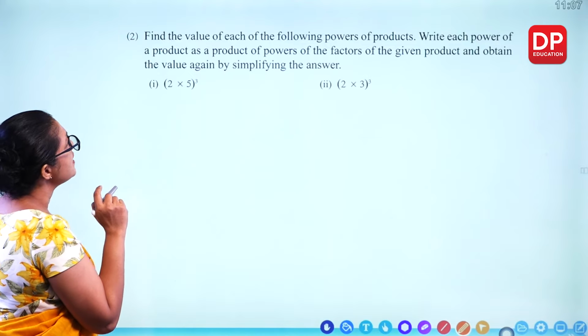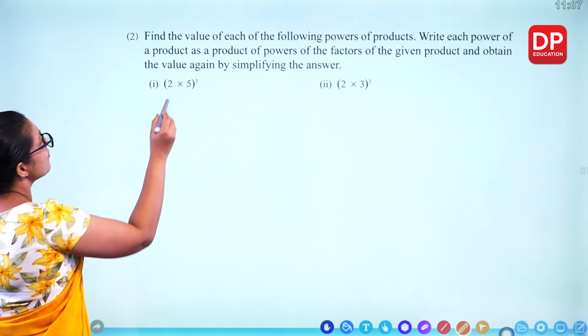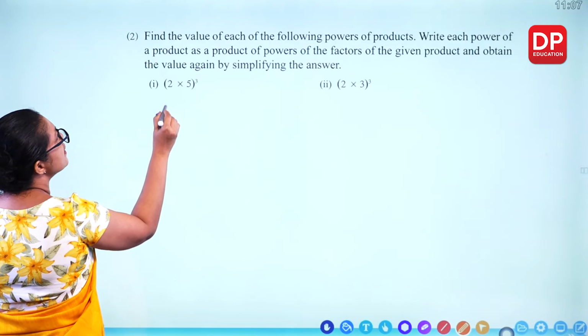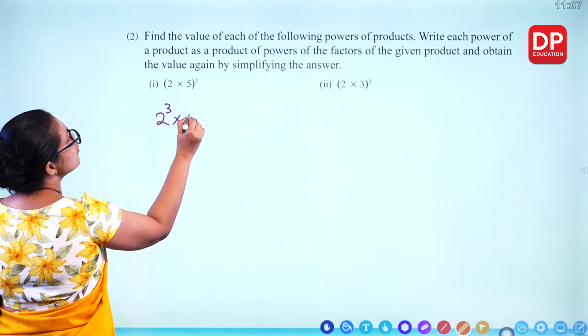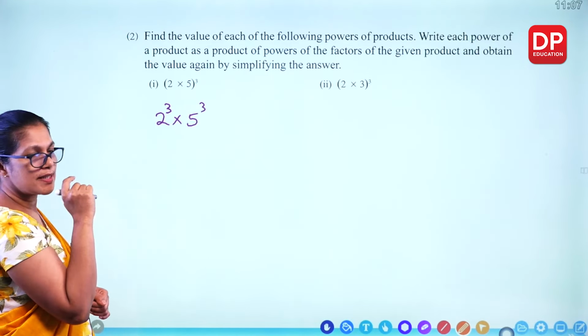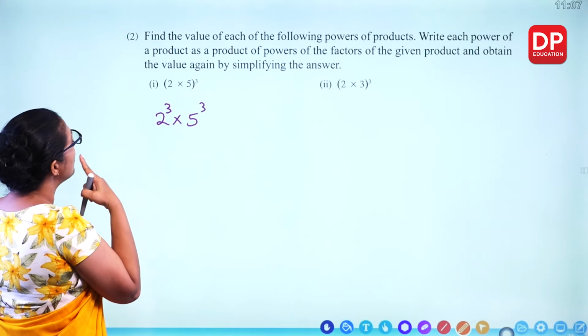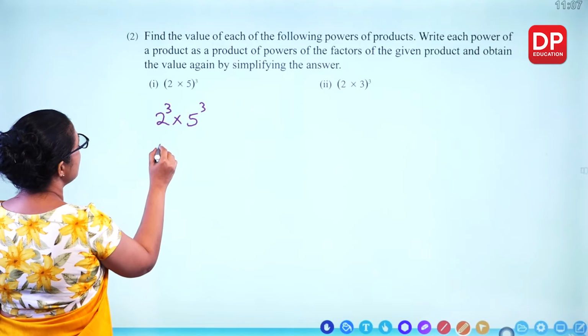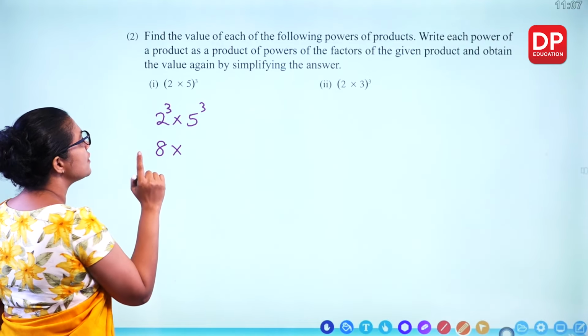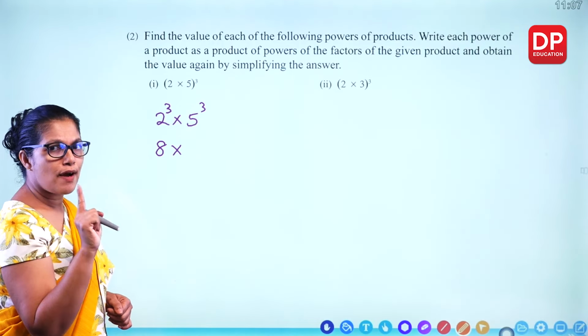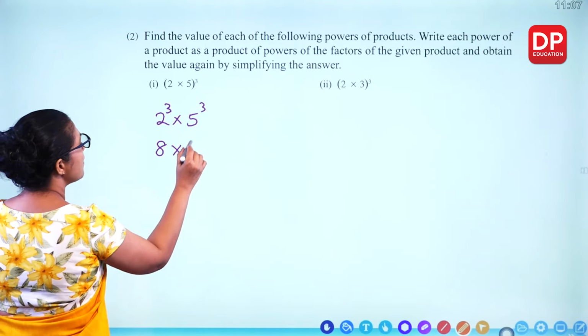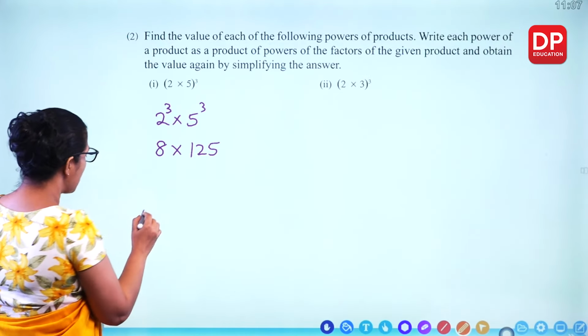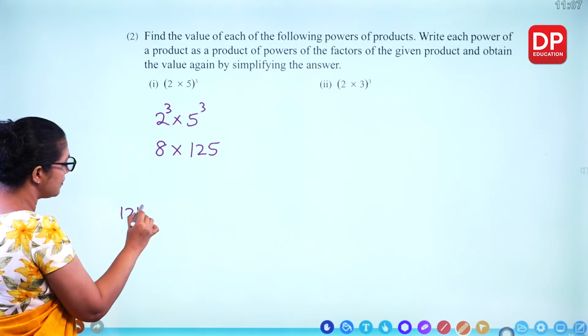You can write as 2 to the power 3 and 5 to the power 3. Consider power for all numbers. What is 2 to the power 3? That's 8. 5 to the power 3: 5 times 5, 25. 25 times 5, 125. So what is 125 times 8?